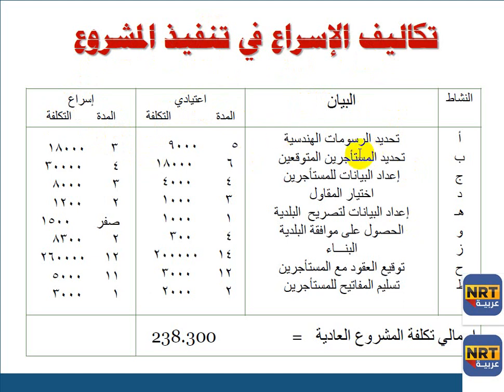Determining the engineering sketches, determining the expected renters, setting the database of renters, contractor selection, setting the database for the municipality clearance and committee sanction, commencing construction, signing contracts with renters, and renters commencing business.